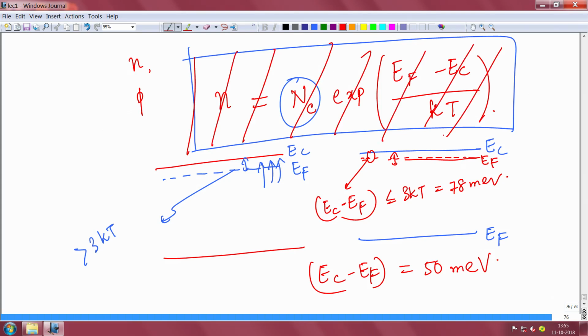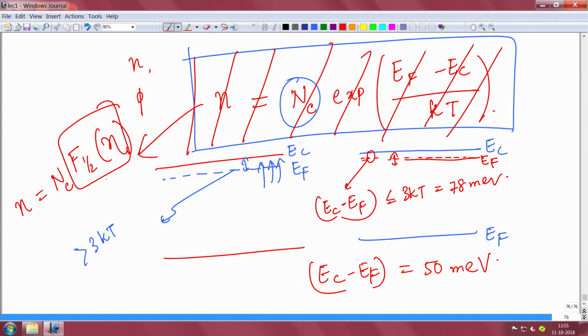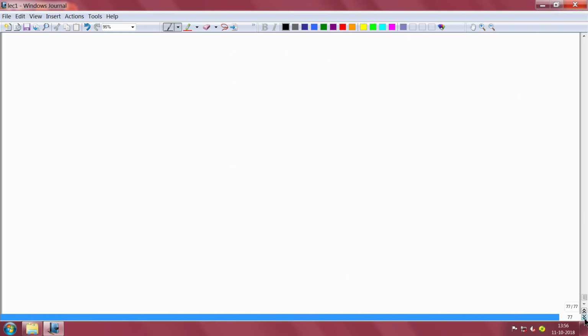You know why? Because this Maxwell-Boltzmann equation came, if you remember, from n equals NC times the Fermi-Dirac integral, and this expression can be simplified to the exponential only when the doping is light, or when your EC minus EF gap is more than 3 kT. If it is less than 3 kT, the doping is very high.